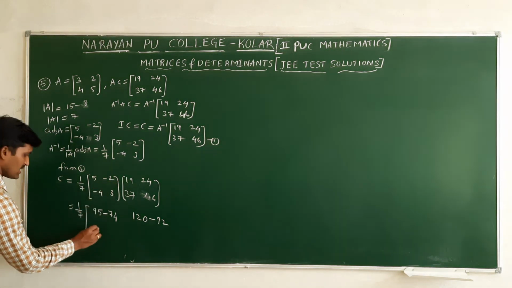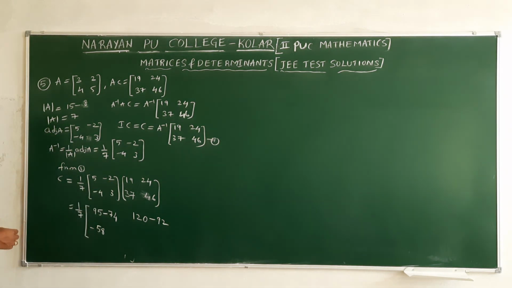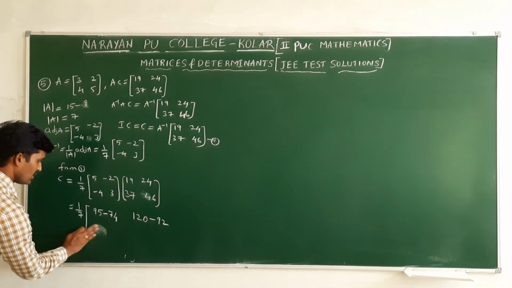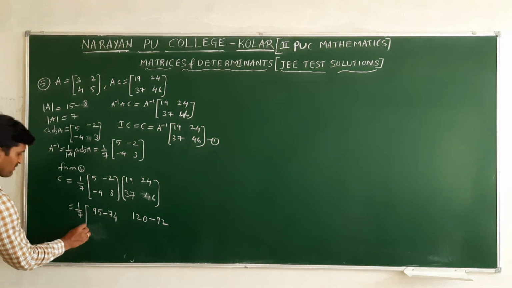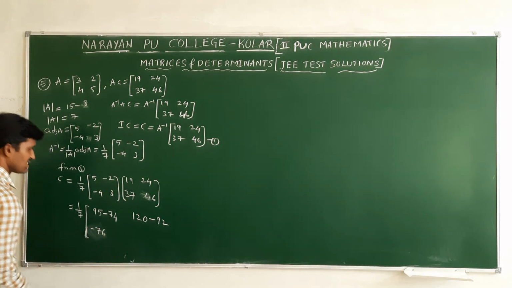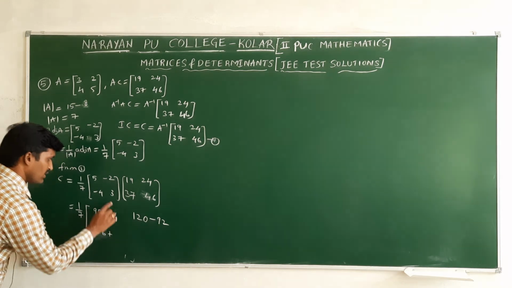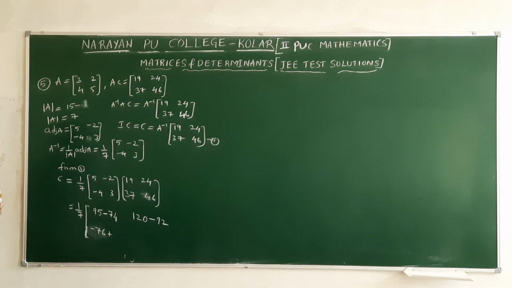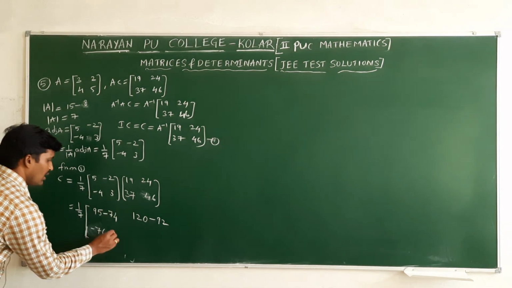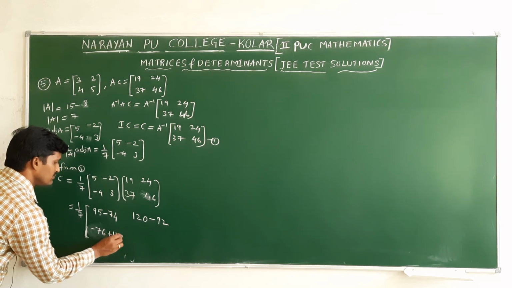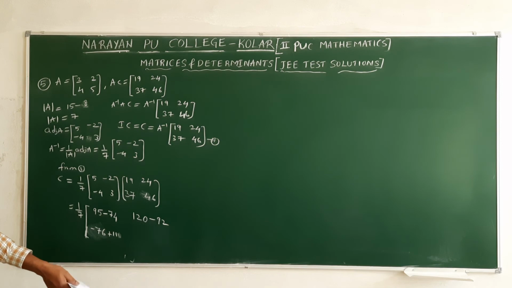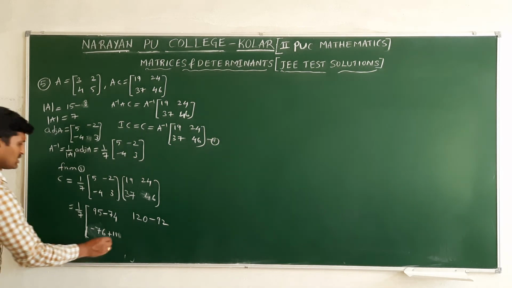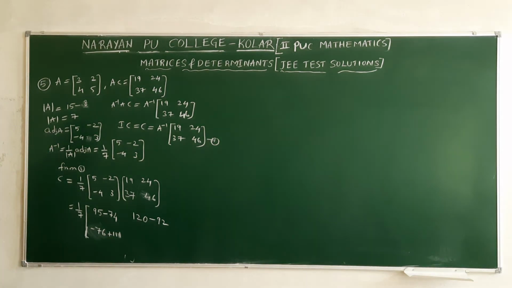Minus 4 into 19, that is minus 76, minus 3 into 37, that is 111.